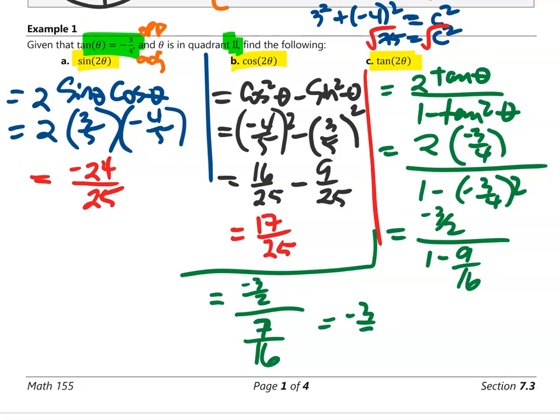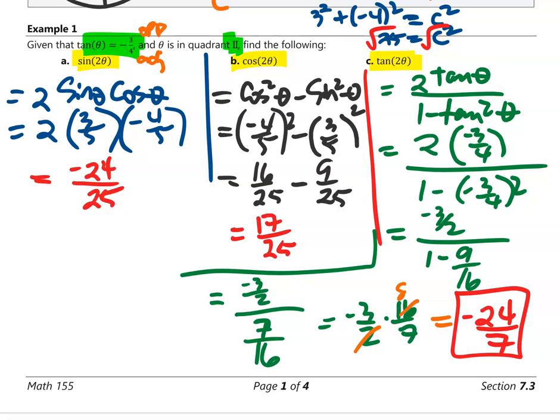Then -3 halves, get the reciprocal of that, 16 over 7. And 16 divided by 2 is 8. 8 times 3 is 24. So this is -24 over 7. So these are the answers.